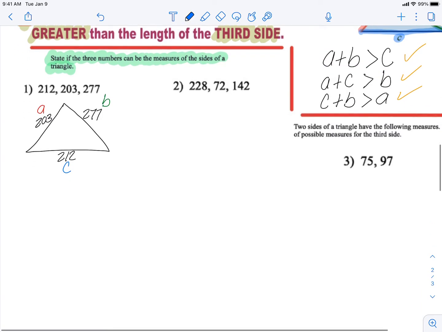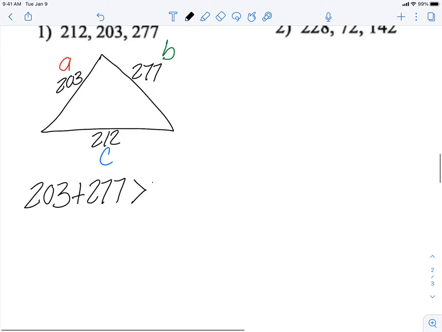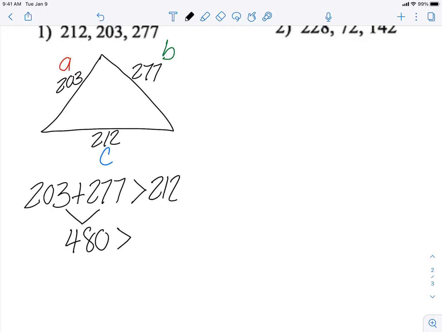So let's check. A plus B is greater than C. 203 plus 277 has to be greater than 212. Well, 203 plus 277 is equal to 480, and 480 is definitely bigger than 212.